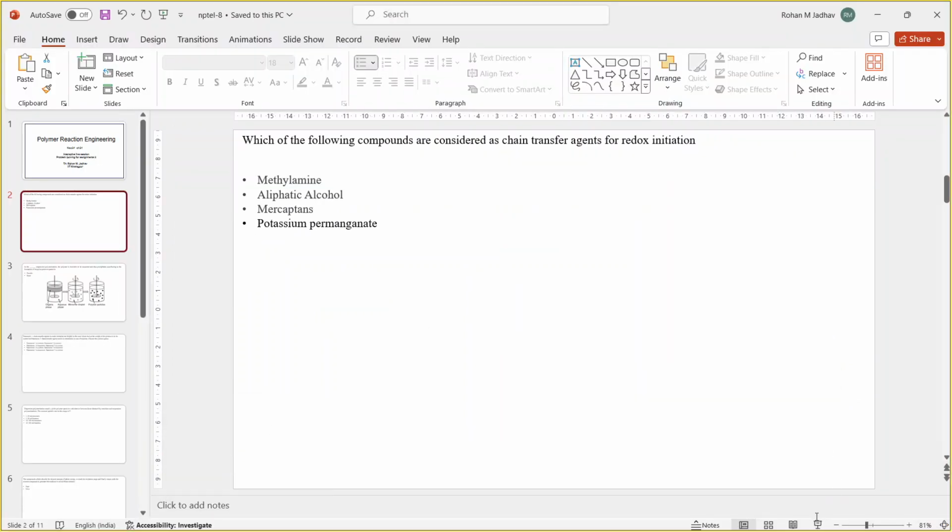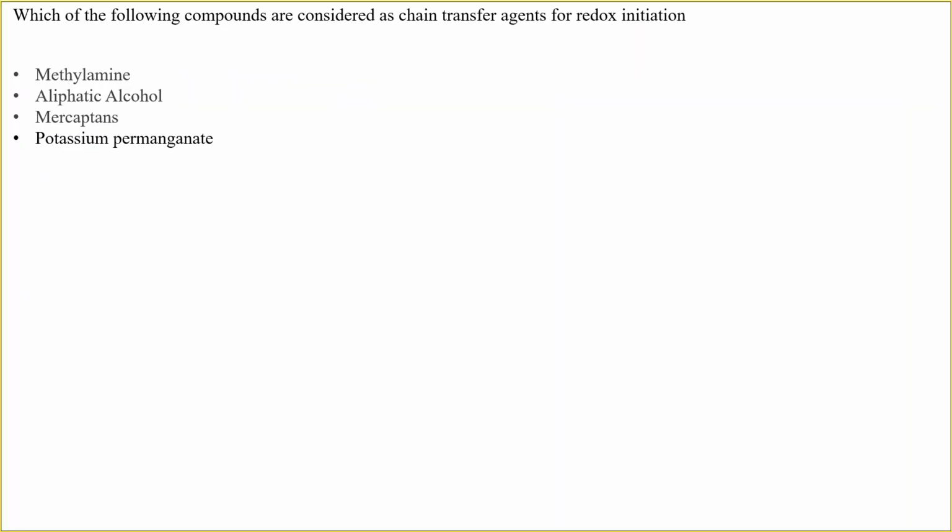Okay then. Starting from the first question: which of the following compounds are considered as chain transfer agents for the redox initiation process? First of all, what are chain transfer agents?